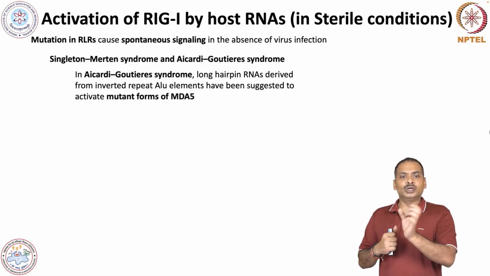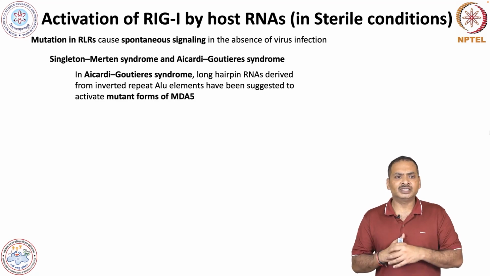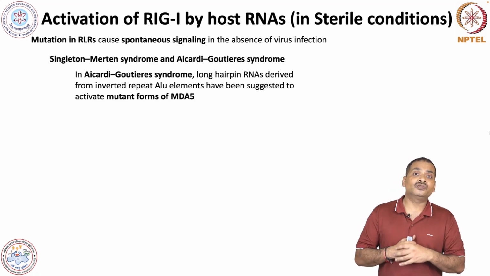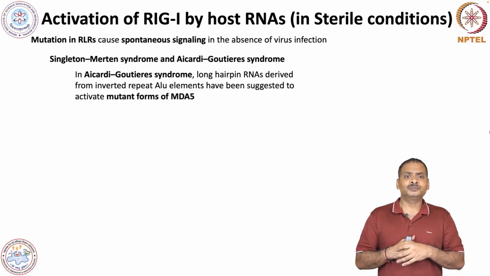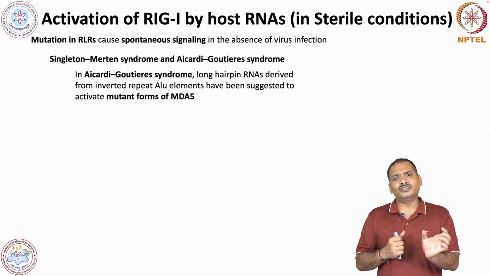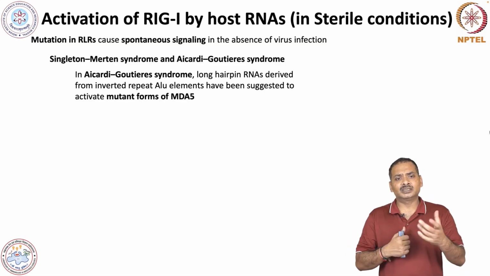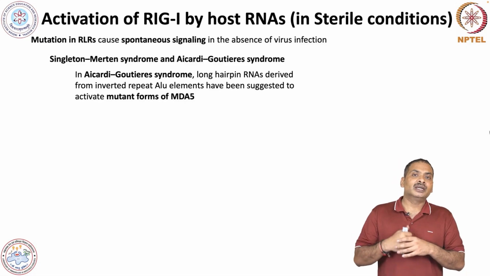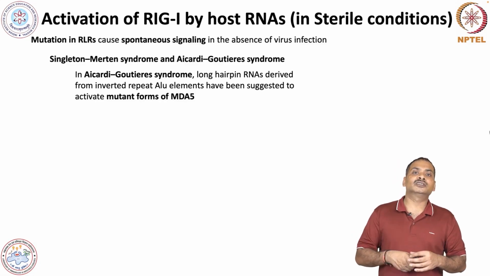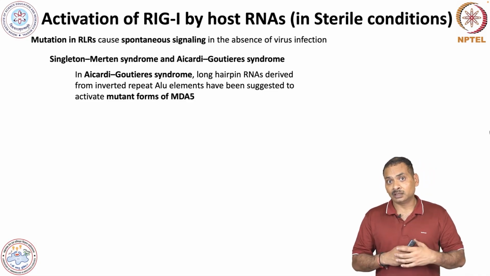So repeated ALU elements have been suggested to activate the mutant form of MDA5. This mutant MDA5 is activated by the inverted repeats of ALU elements, and that will cause activation of the RLR pathway.